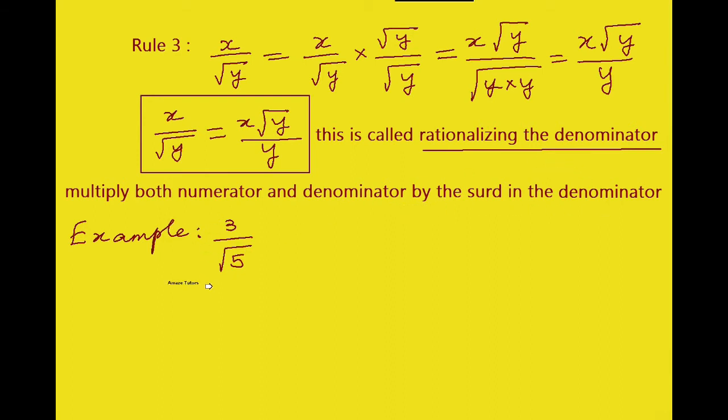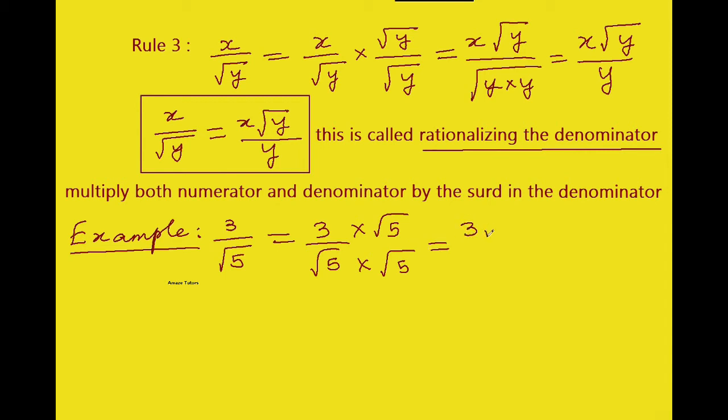I'll explain with one example. 3 over root 5. So what do we have to do? We have to multiply the numerator by root 5, and the denominator also by root 5.